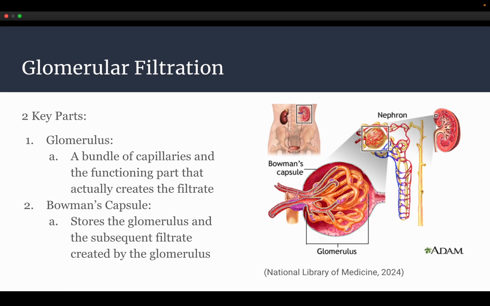Blood enters the nephron through the glomerulus, where it's filtered by a network of capillaries. Larger molecules and blood cells remain in the bloodstream, but water, ions, and small molecules like glucose and urea pass through the glomerular membrane into the Bowman's capsule and form what is known as filtrate.